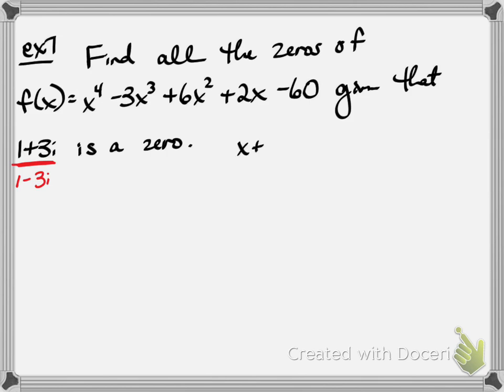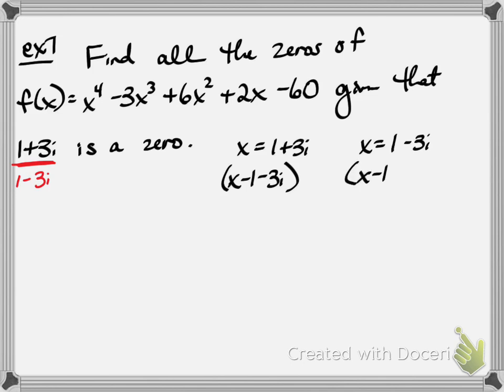So if x equals 1 plus 3i is a 0, and x equals 1 minus 3i is a 0, it means we have x minus 1 minus 3i as a factor, and x minus 1 plus 3i as a factor. We'll do that little hint or trick where we group these two pieces together.